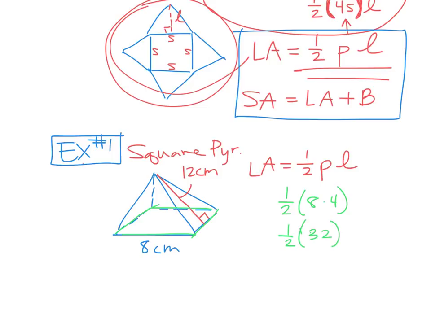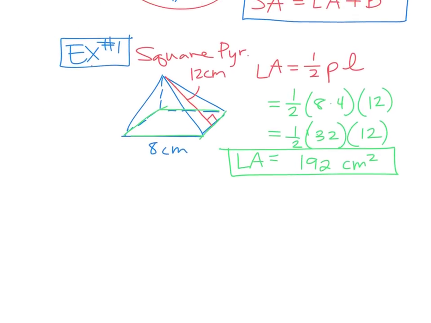What's the slant height? What's L? That's the 12, right? So you get 1/2 times 32 times 12, and when you plug that in, you get 192 square centimeters. Okay, that's your lateral area.